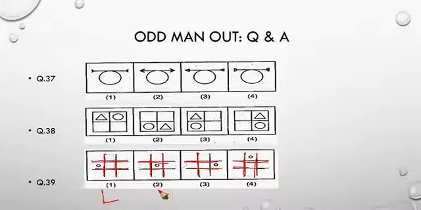In case of problem figure 2, the position of the circle is exactly in the center of the structure. In case of problem figure 3, the position of the circle is on the right side of the structure. In case of problem figure 4, the circle has been kept on the top side or upper side of the structure.